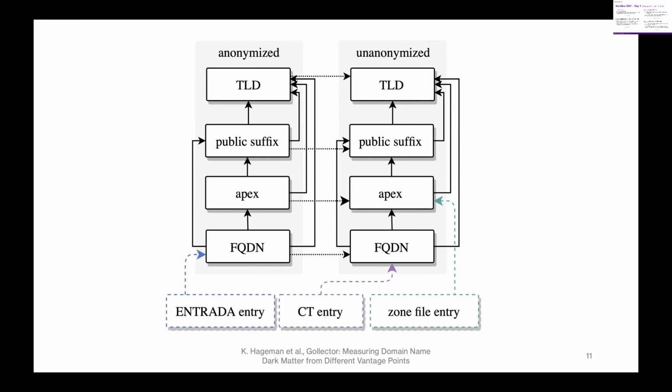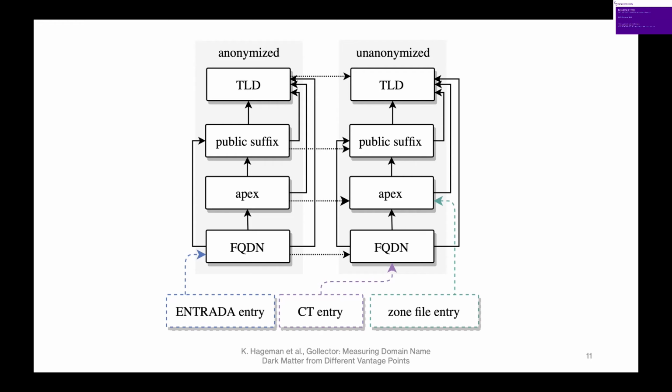I try to go through this a little quickly, but for more information, please look at the paper. So we more or less maintain 2 sets of tables. On the right, we have an anonymized version, and on the left, we have a non-anonymized version. For every domain name that we observe, we create several models in the database based on the parts of the domain name.